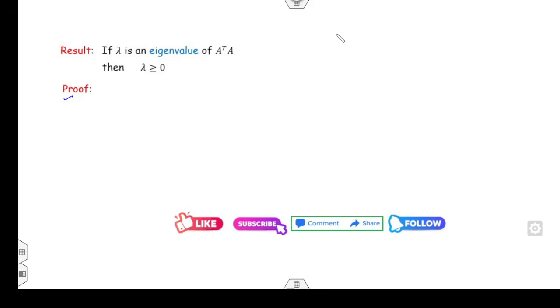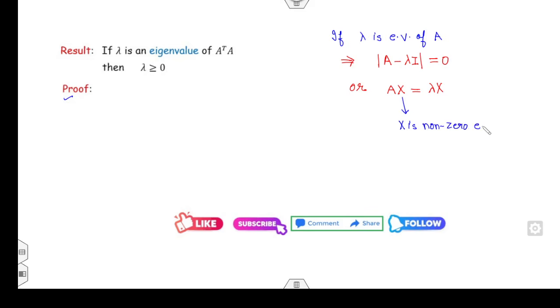If lambda is an eigenvalue of the matrix A, that implies the characteristic equation determinant of A minus lambda I is 0, or you can say Ax is equal to lambda x, where x is a non-zero eigenvector of A. That's the meaning of eigenvalues.